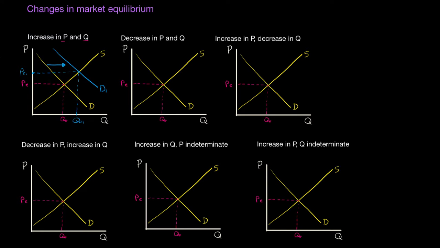What would happen in this market if the price had not increased? Well, if the price had remained at PE1, then we would have had a temporary shortage of the good, in which, at the new demand curve of D1, the quantity demanded exceeded the quantity supplied. Because this shortage would emerge at the original price of PE, the market will ultimately adjust to a higher price.